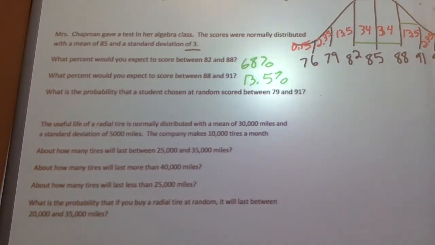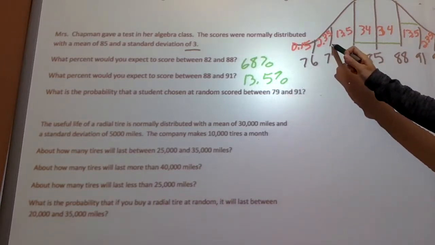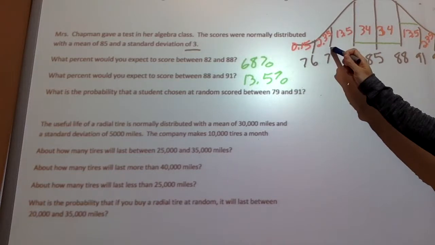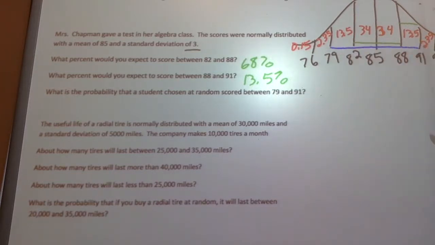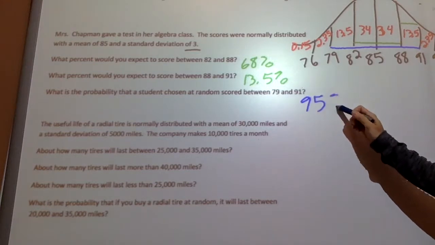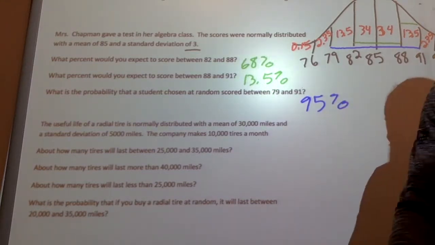What is the probability that a student chosen at random scored between a 79 and a 91? So 79 to 91 would be 95%. Yep. What percent or what probability is going to have the same type of answer?